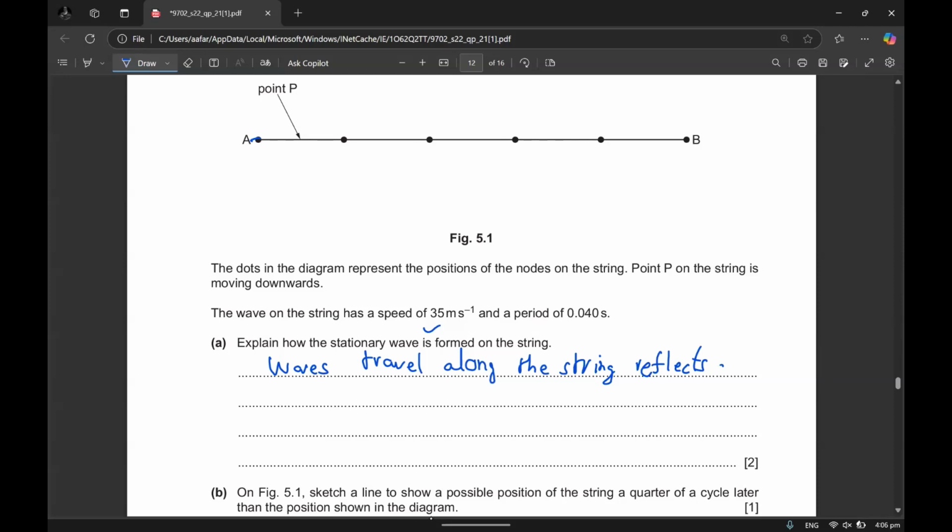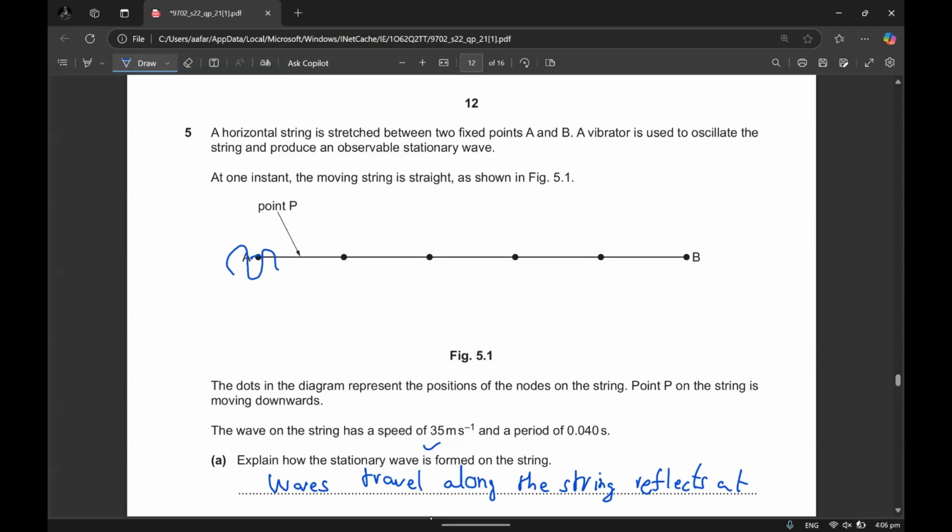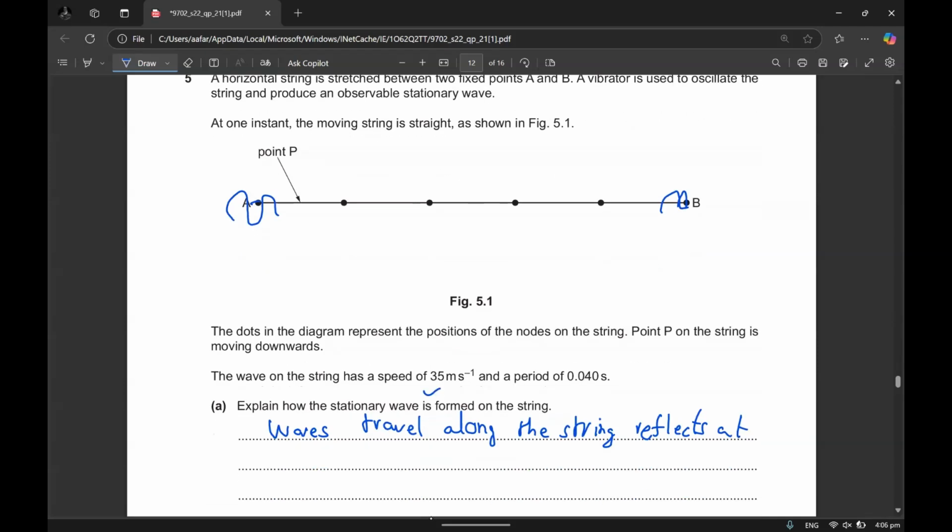If it starts from over here, it reflects at B, so they travel in opposite directions and they superpose. You can also say they interfere.